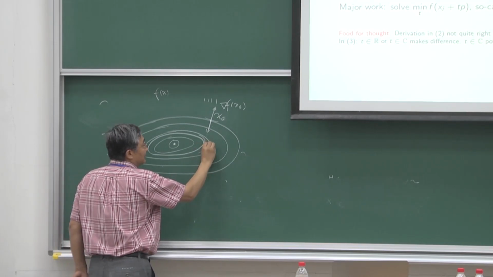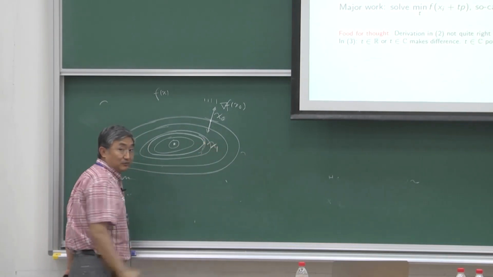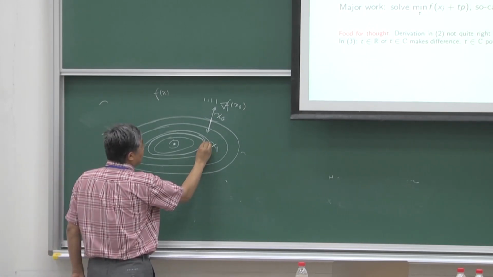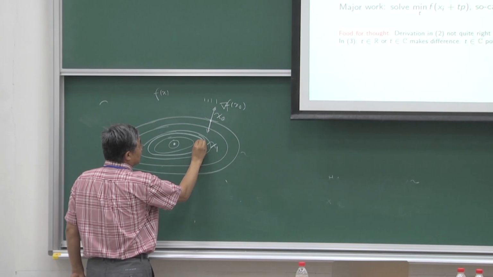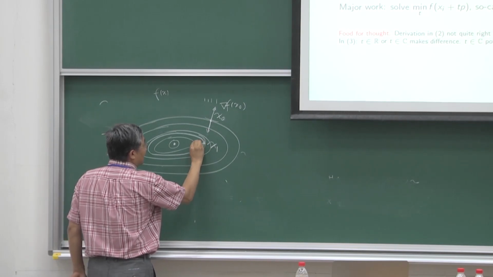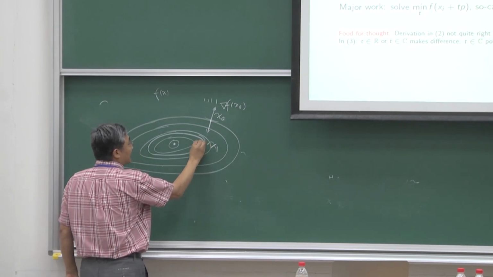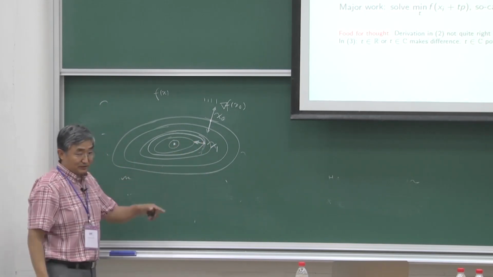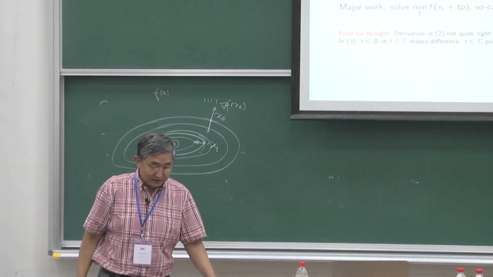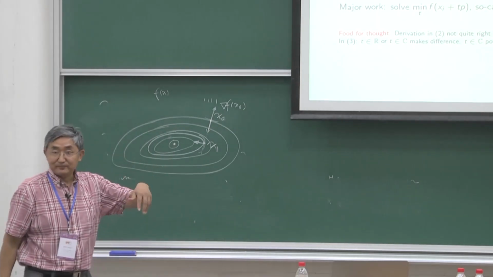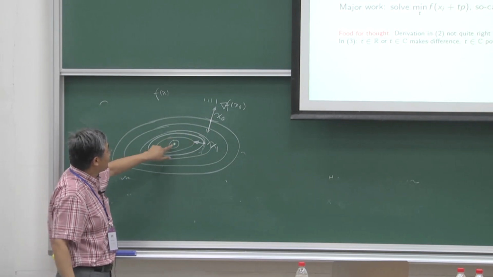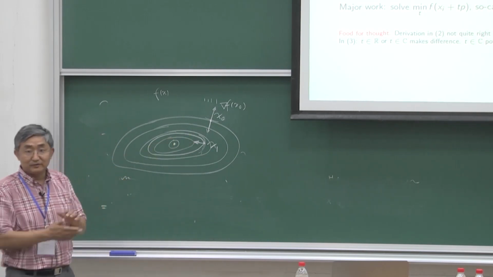So this will be x1. And from that point you go another step of steepest descent. You keep on moving, and every step you make progress because you reduce the value, and eventually, hopefully, you get to the minimum.